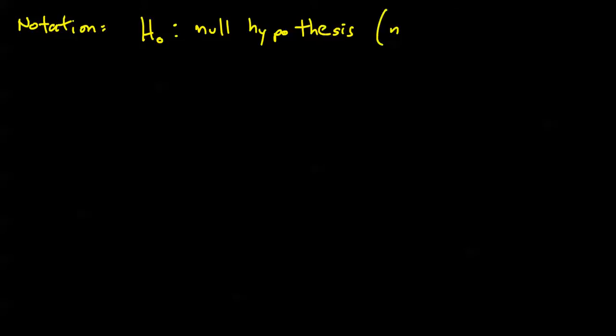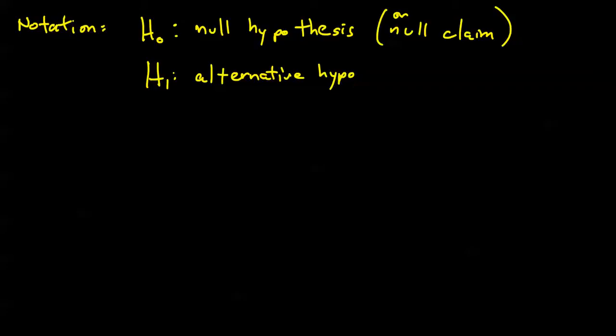Let's talk about some notation first with regard to hypothesis testing. H sub 0 by convention is referred to as the null hypothesis in hypothesis testing, or some books call it the null claim, because a claim is an hypothesis, right? H sub 1, again by convention, is referred to as the alternative hypothesis.